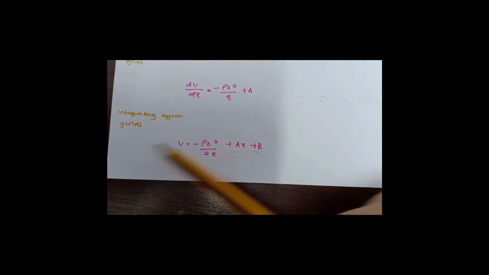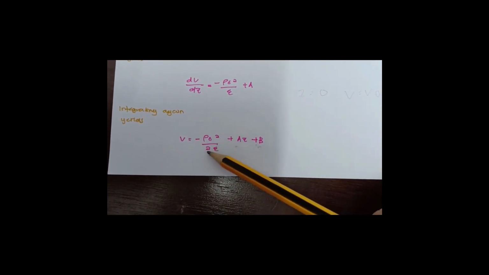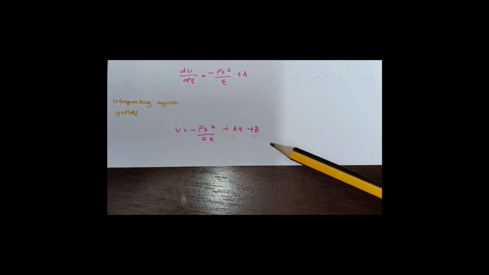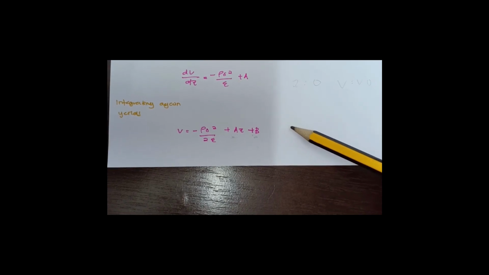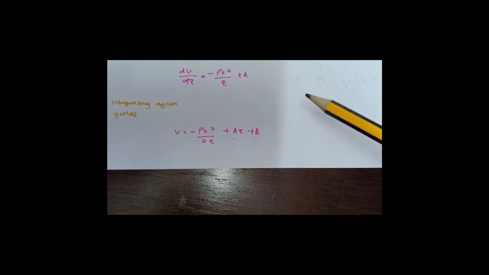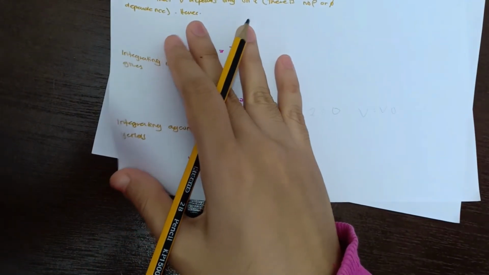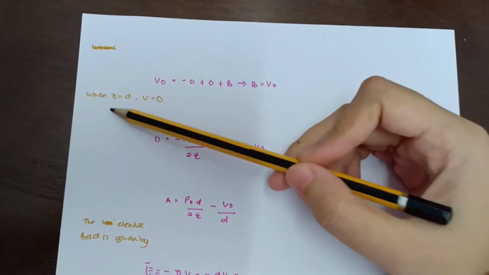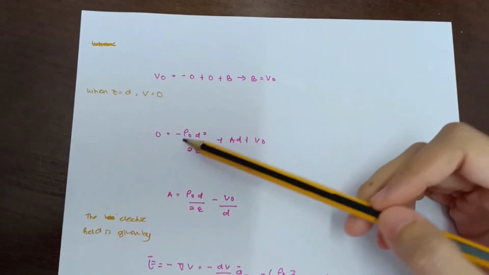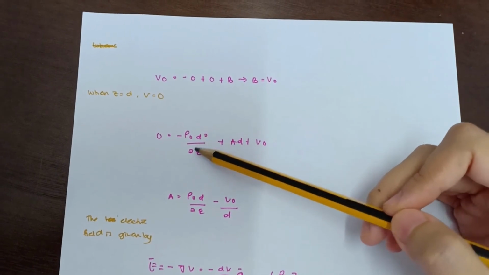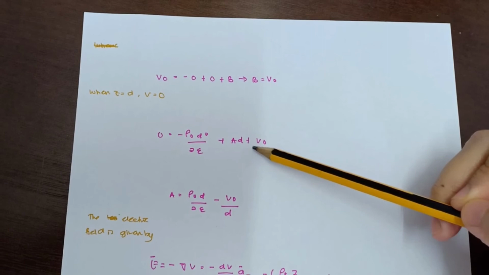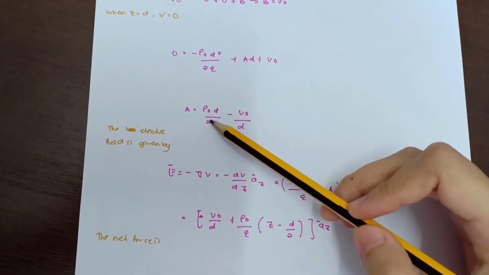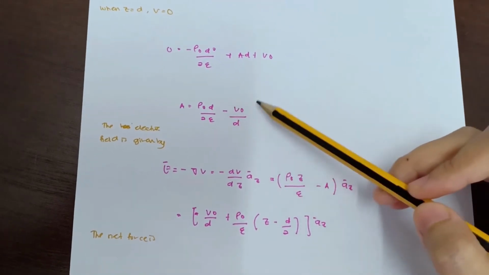When we integrate again, we will get V equals negative rho naught z squared over 2 epsilon plus Az plus B, where A and B are integration constants to be determined by applying the boundary conditions. When z equals 0, V equals V naught. When z equals d, V equals 0, we will get negative rho naught d squared over 2 epsilon plus Ad plus V naught. When we rearrange, we will get A equals rho naught d over 2 epsilon minus V naught over d.